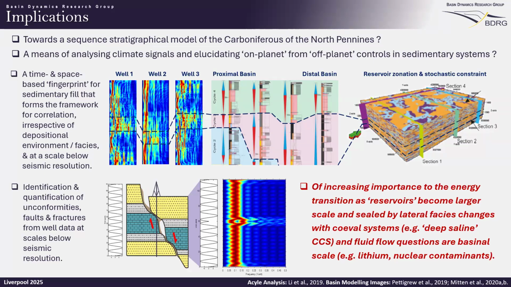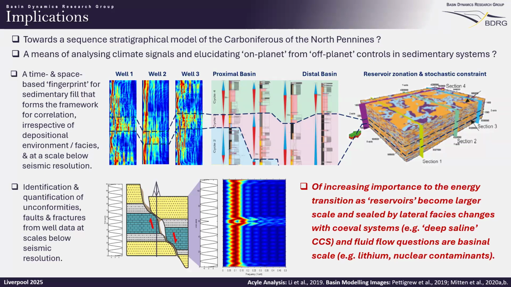These ways of thinking, and basin scale evolutionary ideas, are of increasing importance to the energy transition as reservoirs become larger scale, sealed by lateral facies changes, such as deep saline CCS, where we're looking at basinal scale correlation and understanding, or in situations where the fluid flow questions are basinal in scale, such as lithium brines, nuclear contaminants, and so on.